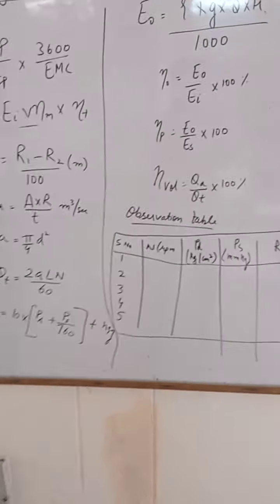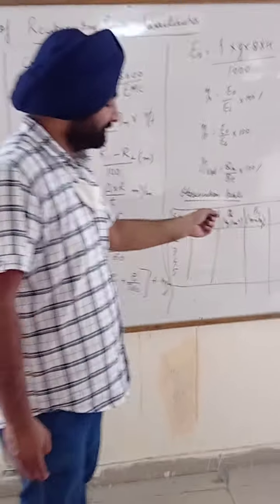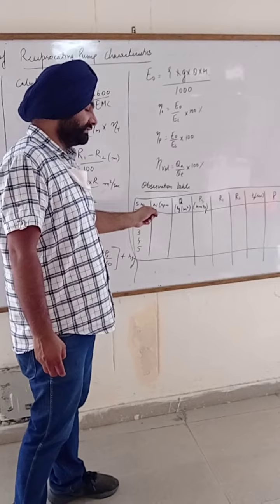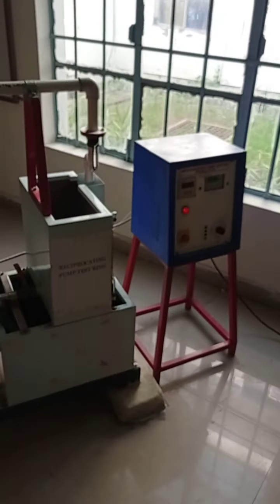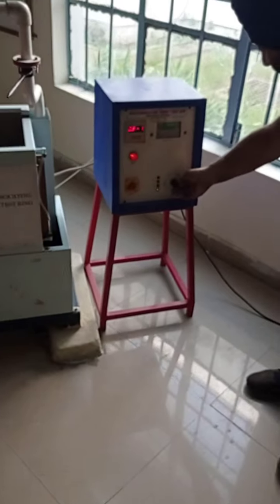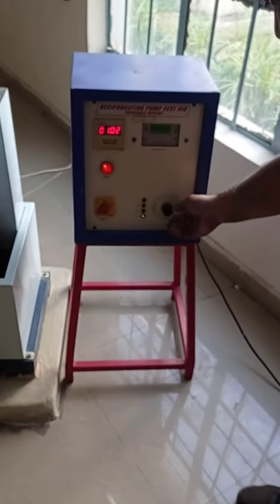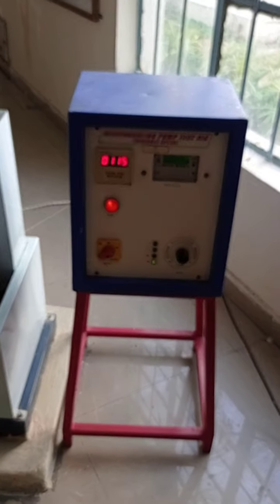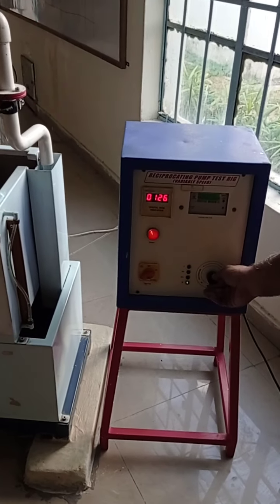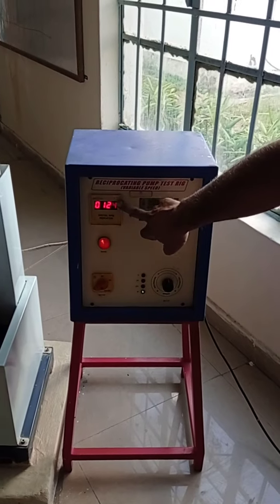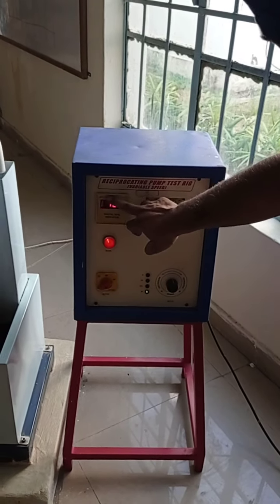Now, what is to be done is, you need to take 4 to 5 values by varying the RPM. You need to vary the RPM and take 5 readings. This is the variant, and it represents the RPM.